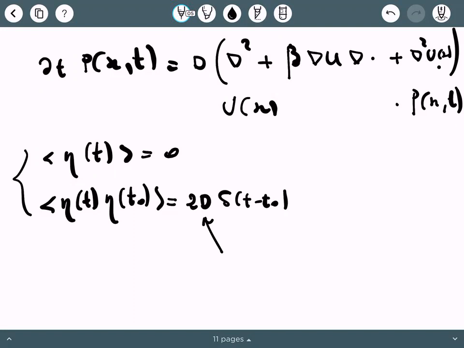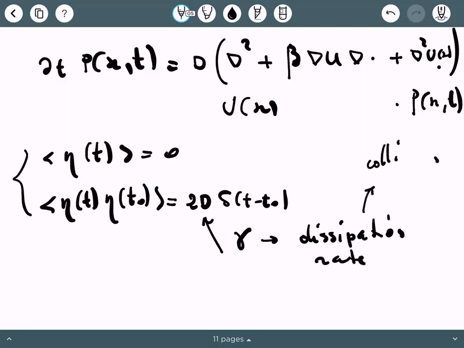So we have one parameter associated with dissipation, this parameter gamma, the dissipation rate, also called the collision rate, because its physical interpretation is how often you collide or interact with the environment, right? But there's also one other parameter that is associated with fluctuations.